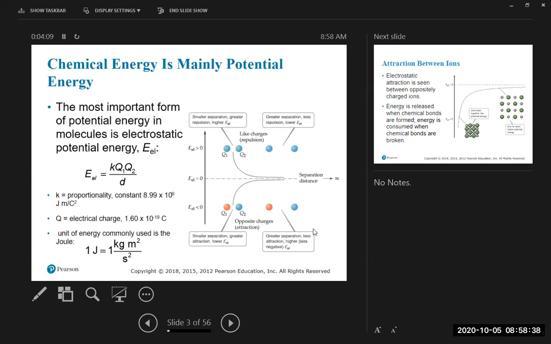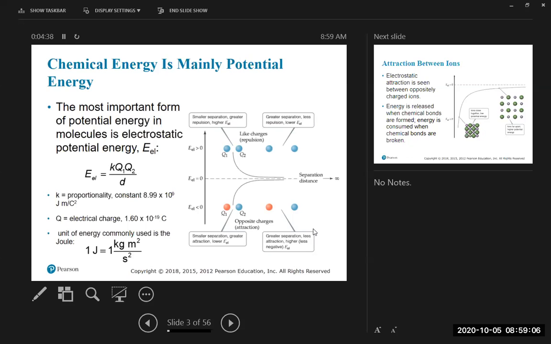What I want to point out too, let's go back and take a look at that proportionality constant and the units on that. The units on the proportionality constant are joule meters per coulomb squared. So if we see where it fits into the formula, it's K times Q1 times Q2 divided by D. D is the distance between the molecules.